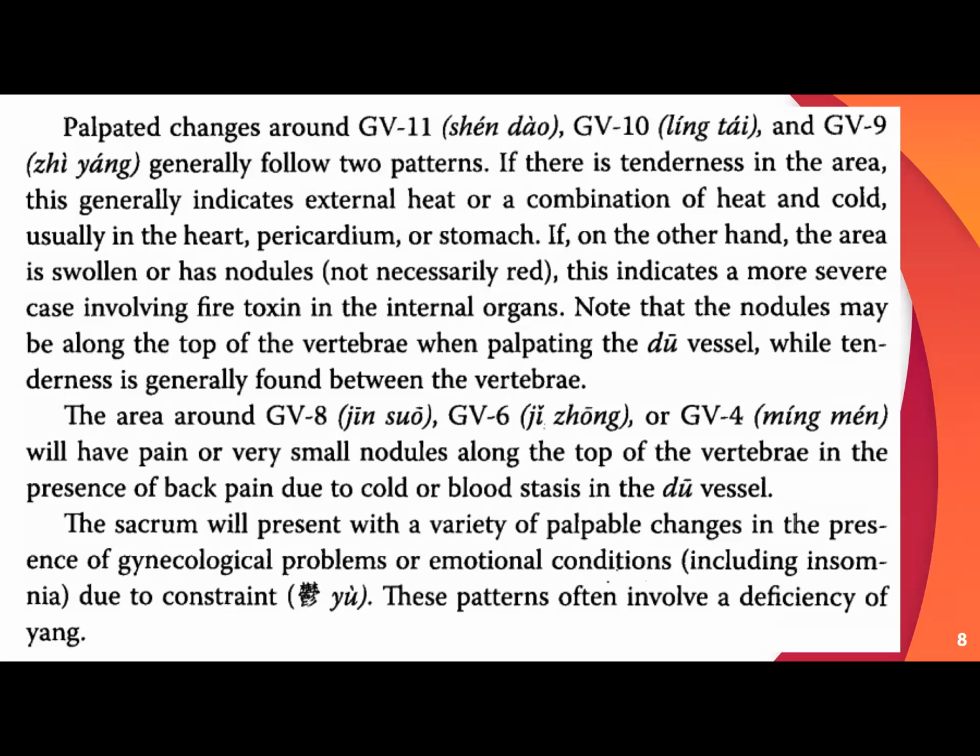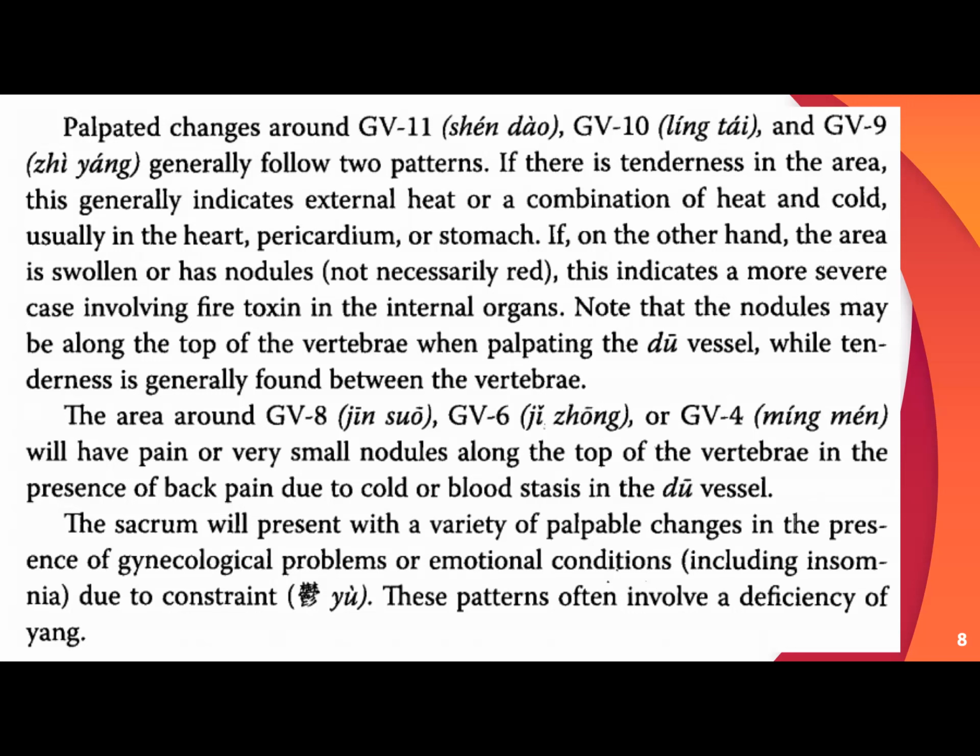Palpated changes around GV11, GV10 and GV9 generally follow two patterns. If there is tenderness in the area, this generally indicates external heat or a combination of heat and cold, usually in the heart, pericardium, or stomach.